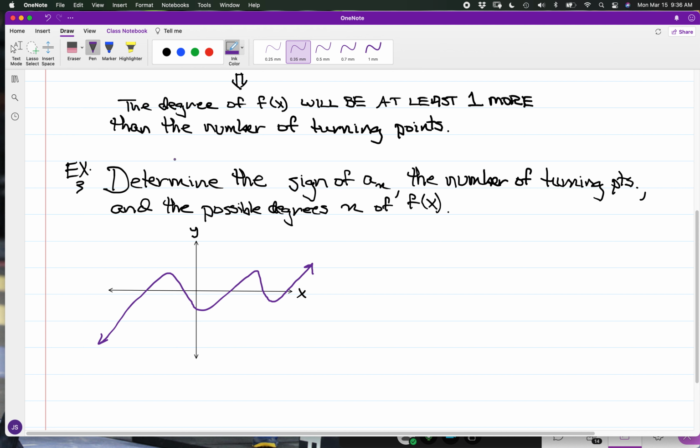Okay, and if you notice, just starting out, say we were to count the number of turning points. Those are going to be your combined relative minimum and maximum. And for the end behavior, to the extreme left we have moving down to the left, and to the right we have moving upward.